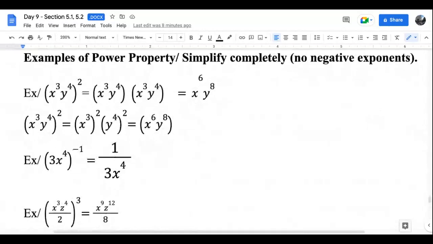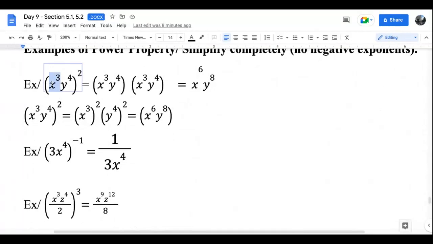Okay, let's see those examples. Inside the parentheses, we have x raised by 3, y raised by 4. Outside the parentheses, we have a square. That means this square has to apply to 3, and has to apply to 4. The literal meaning is this one multiplies with itself twice.